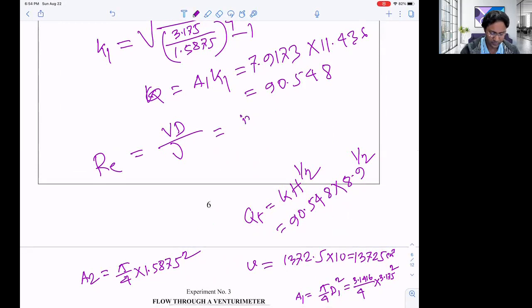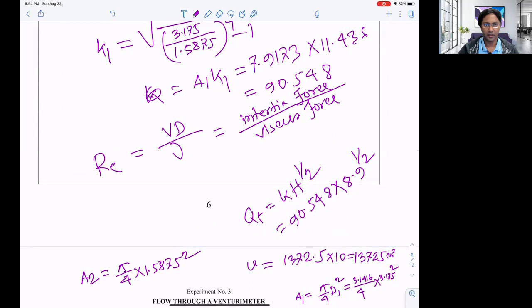And this Reynolds number determines whether the flow is laminar, transitional, or turbulent. So we have a range: if Re is less than 2000, then the flow will be laminar.